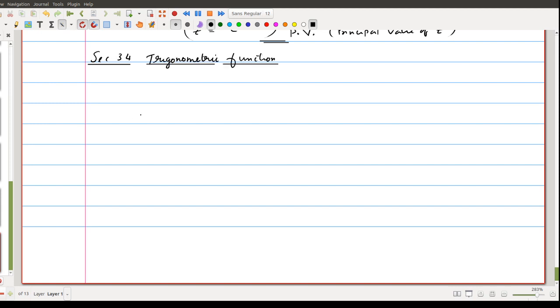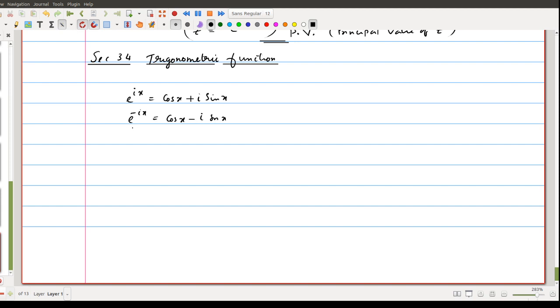In this section we define trigonometric sin z and cos z by means of e power ix. We know that for a real value x, e power ix equals cos x plus i sin x. Therefore e power minus ix equals cos(−x), that is cos x itself, minus i sin x, because sin(−x) equals minus sin x.